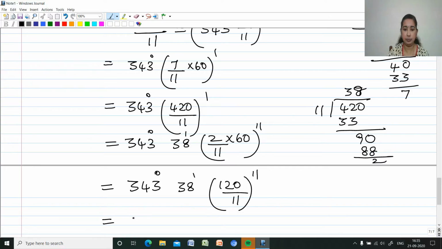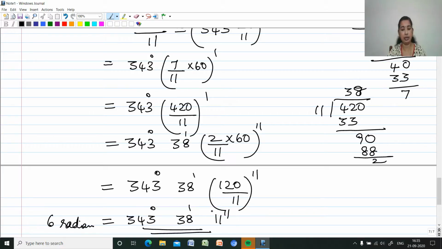Dividing this, how much you will get? 10.9, approximately 11 seconds. So 6 radian can be converted to degree measure. It is 343 degree, 38 minutes and 11 seconds.